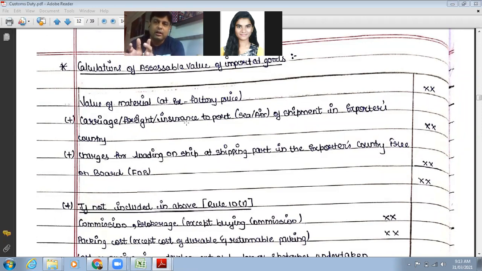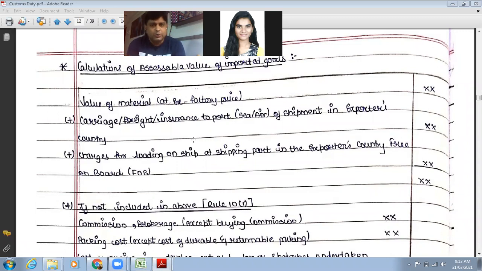And these things are not explained under any act or any section. These are explained under the rules of the Customs Act. So Rule 10.1 and Rule 10.2 are applicable to get the assessable value of the supply from exporter country to importer country. So ex-factory price plus carriage, freight, and insurance, either by sea, water, or air, whatever transport you are using.